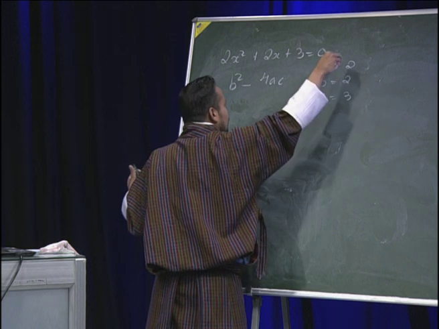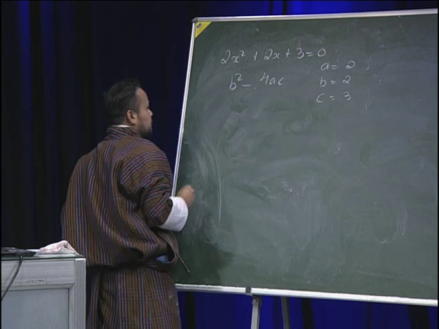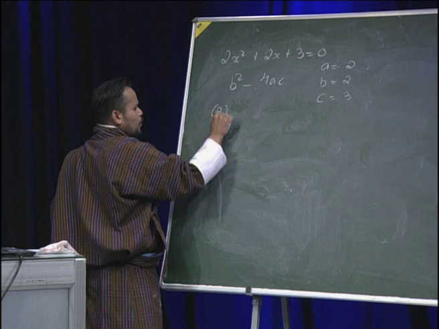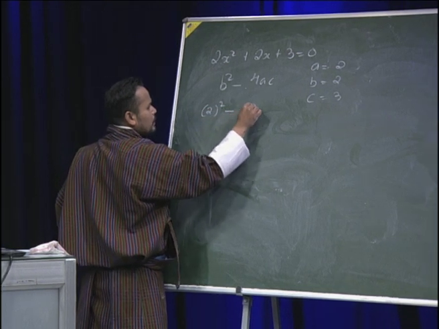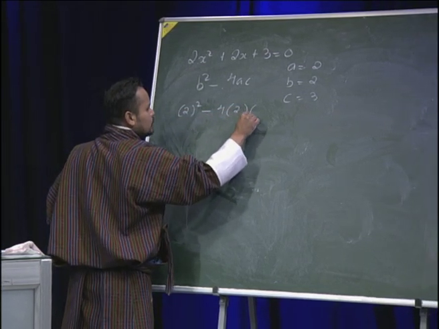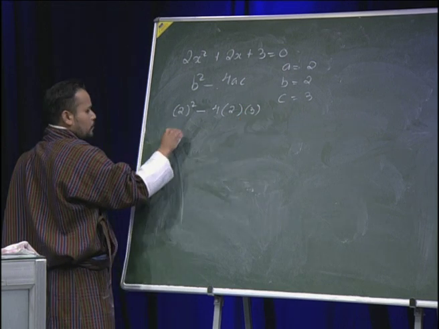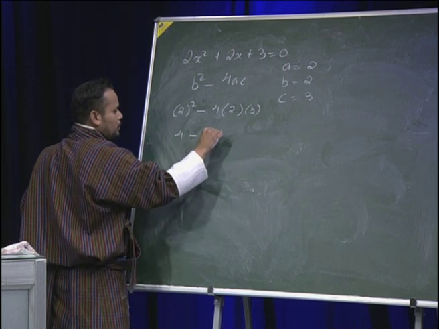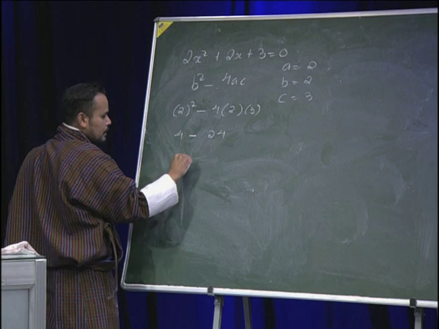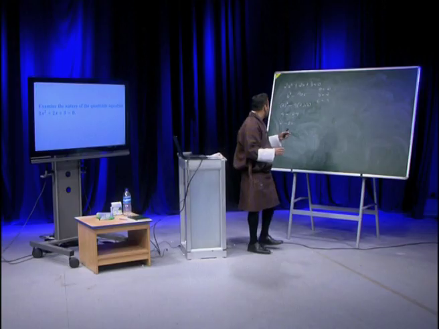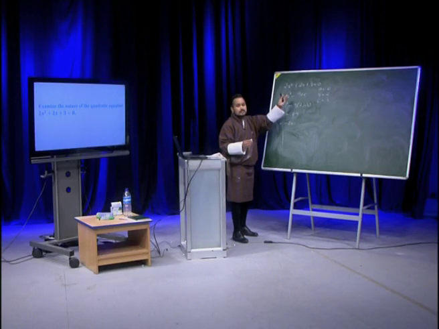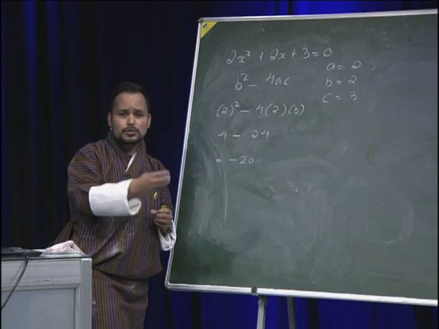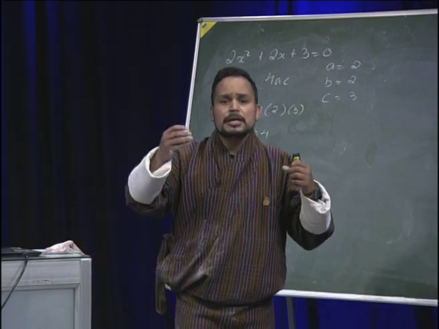Let me substitute the values of a, b, c here. 2 square minus 4 times 2 times 3, that is 4 minus 24. So the answer is negative 20. Since the value of the discriminant is negative, the roots of this quadratic equation are imaginary.